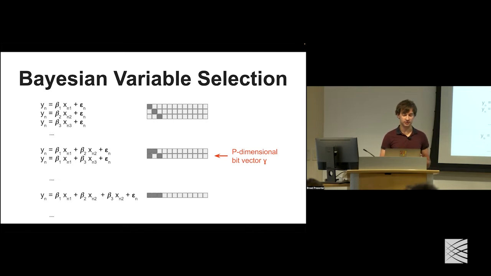If the element is 0, then that covariate is not included in that particular model. If it's 1, then that covariate is included in that particular model. And graphically, we get these little vectors that are, let's say, light gray and dark gray, where dark gray here corresponds to including that particular covariate, right? So we want to search this space of models, and that's the name of the game in Bayesian variable selection.